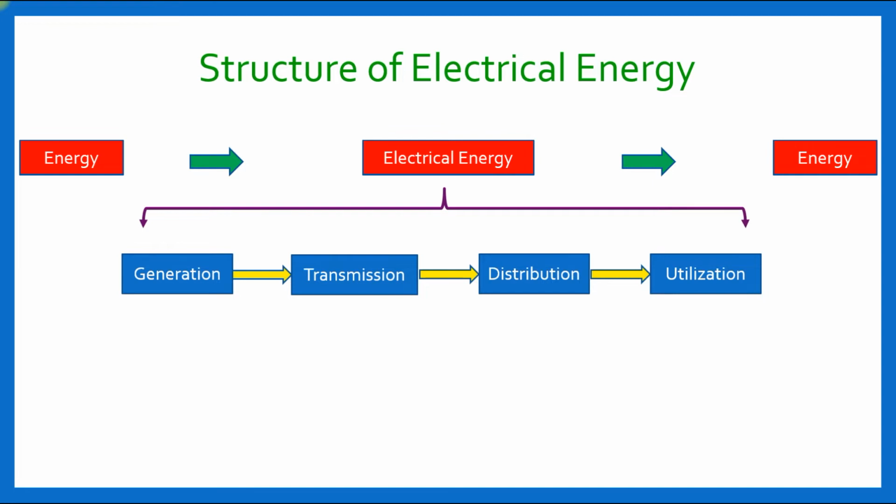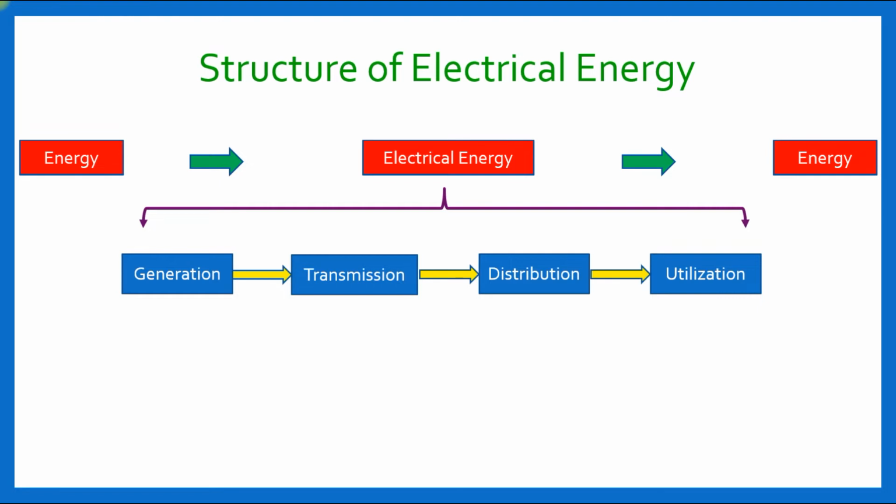If you take time into consideration, you can call it electrical energy. So: generation, transmission, distribution, and utilization. As we already discussed, from falling water from a certain head, a certain height, we get electrical energy. So we should definitely have one converter to convert some energy other than electrical energy into electrical energy, and that part is called generation.